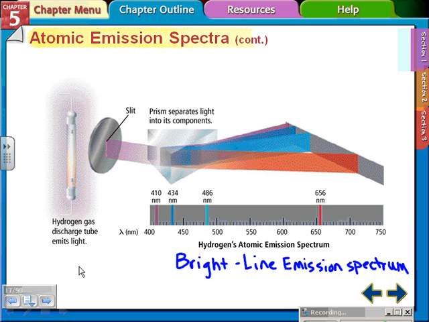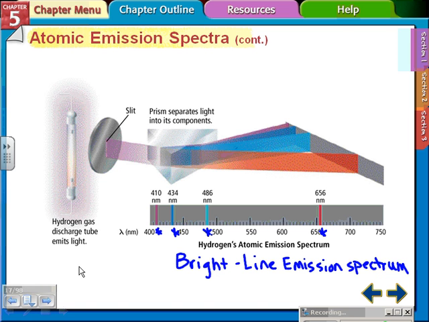All right, so notice that these distinct bands are given off, one here at 410 nanometers, one here at 434, one here at 486, and one here at 656. When those bands of light are combined, it gives off a purplish color. But if you look through a spectroscope, it separates it out into those unique bands. Every element has a unique spectral line and or a unique bright line emission spectrum.